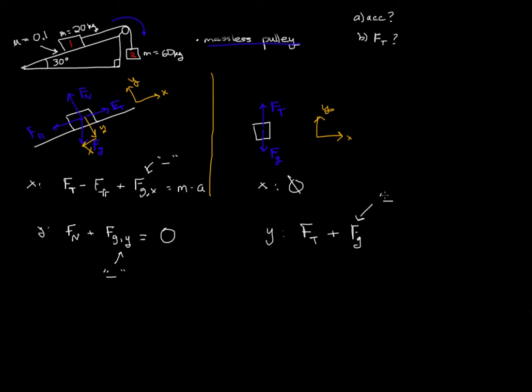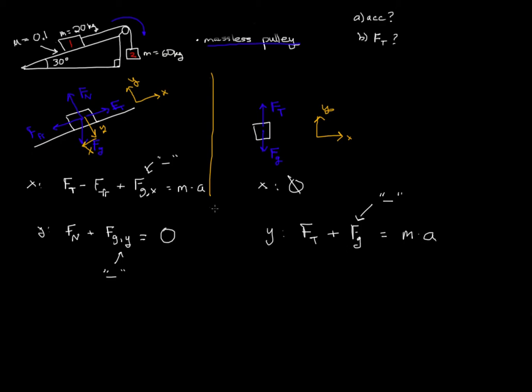So since you get a negative number by default, you want to add it, because if you subtracted it, you would actually be subtracting a negative quantity, which would be addition. So we'll get there in a second. And then this is going to equal, it is going to be moving, right? In the y direction, this box 2 is actually going to be moving down, so it's going to have an overall net force, so it's going to have a mass times an acceleration as well. So it is moving in this direction, so there is a net force.